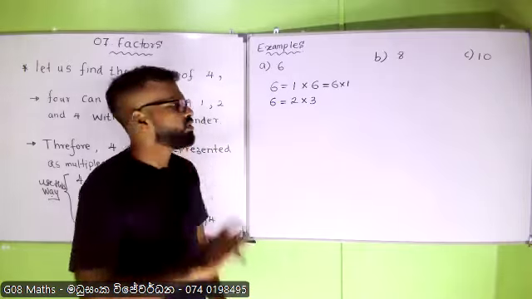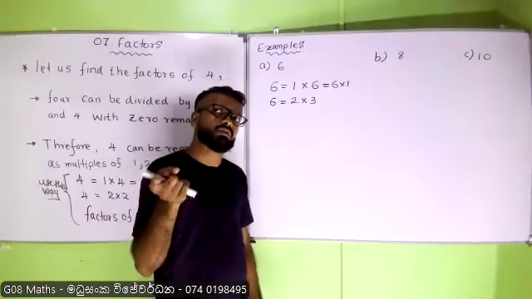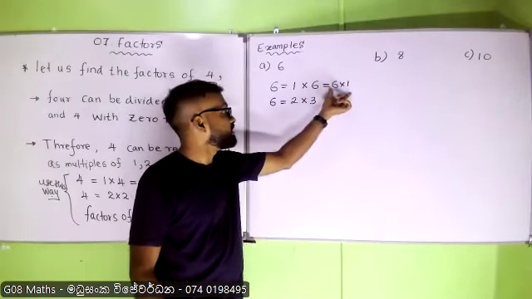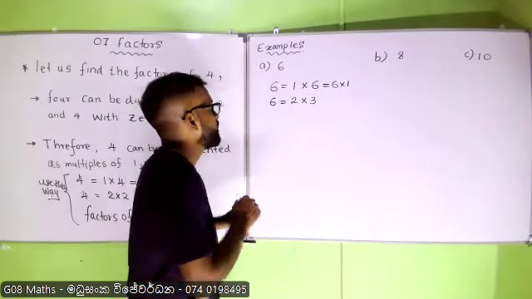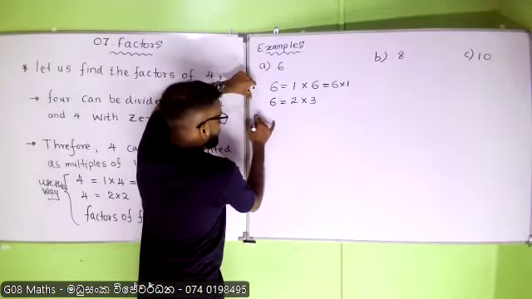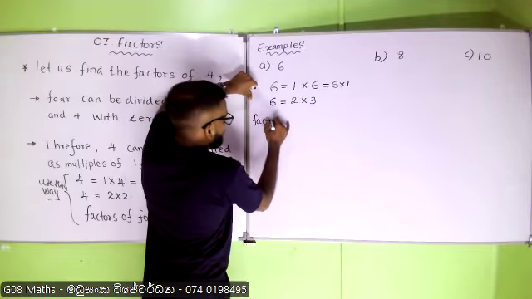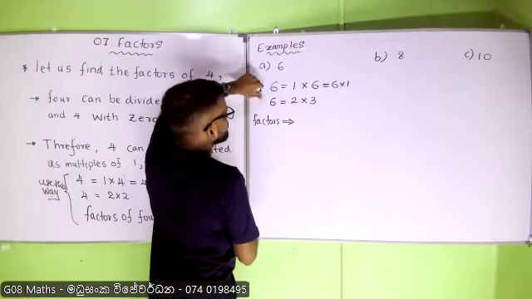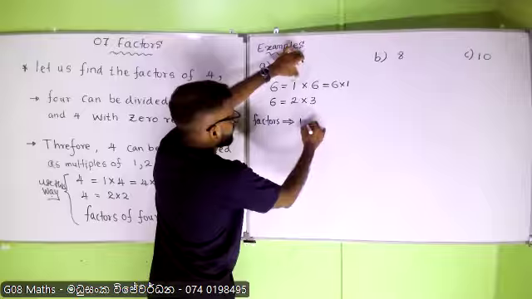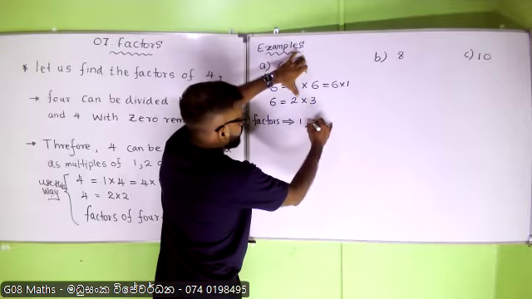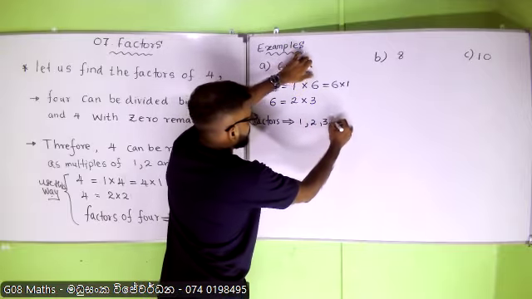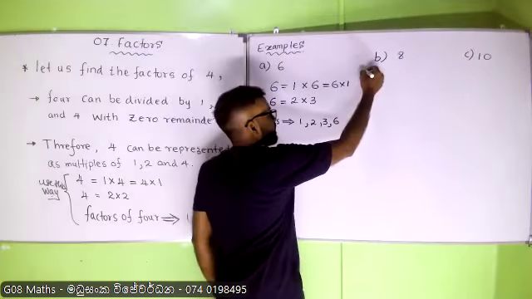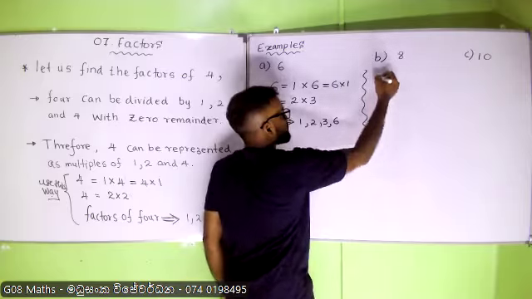No. Can we use 5? No. Can we use 6? Yes, but it is already here. So the factors are 1, 2, 3, 6.